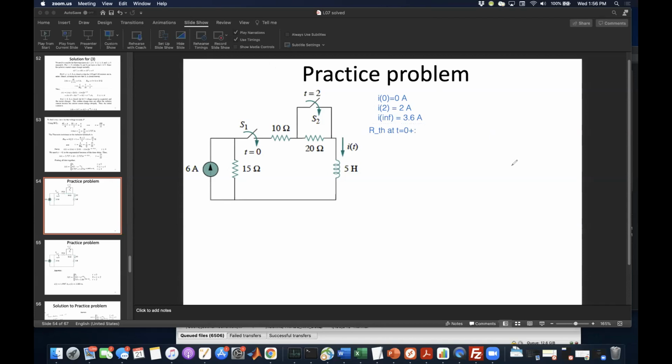So we're going to look from the perspective of the inductor, right? And we're going to see the 20 ohm, and the 10 ohm.